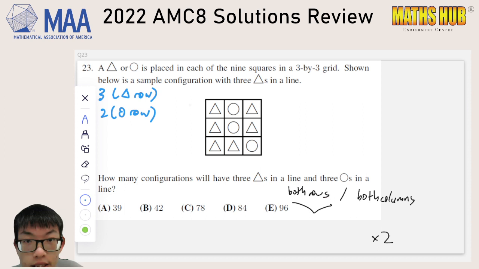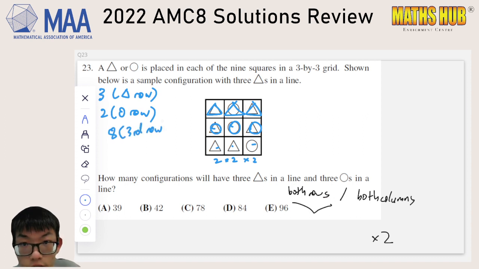So let's say you decide that here you want to put 3 triangles, and here you want to put 3 circles. Now you still have 3 more squares, and you can do anything inside these 3. So in these 3, you have 2 choices, 2 choices, and 2 choices, which is 8, for the last row. So 3 times 2 times 8 is 48.